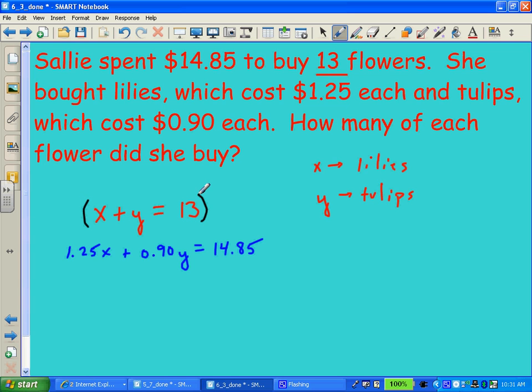Let's say we want to cancel out the x's, so let's multiply this by negative 1.25. When I do that, I will get negative 1.25x minus 1.25y equals negative, and I have to do 13 times 1.25, and that's 16.25.